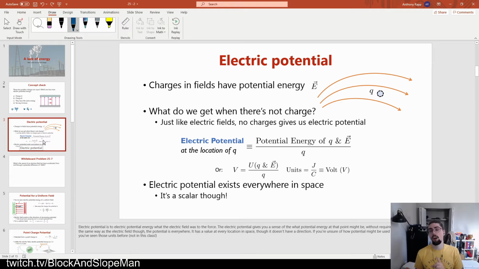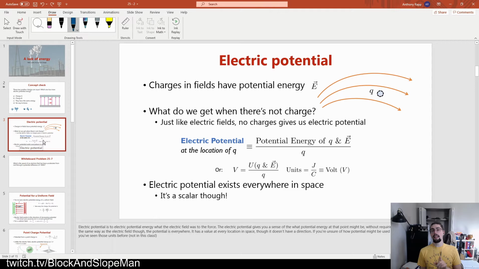My electric field tells me how Q1 interacts with it. And we did that by essentially dividing by one of the Q's and saying, hey, that's the electric field and that's what's left. Electric potential is to potential energy what the electric field was to force.